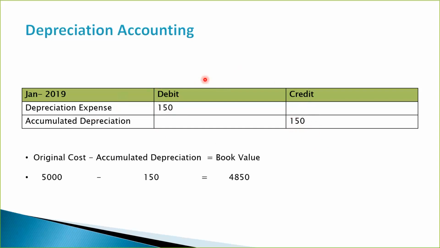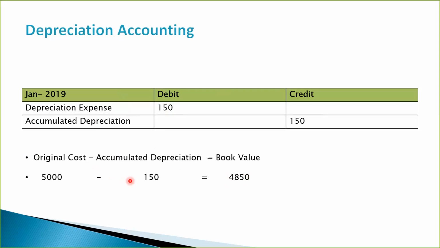In terms of those equations that we had, assuming the original cost of this asset was $5,000, after you calculate the depreciation for January, which was 150, the book value at the beginning of February will be 4,850.